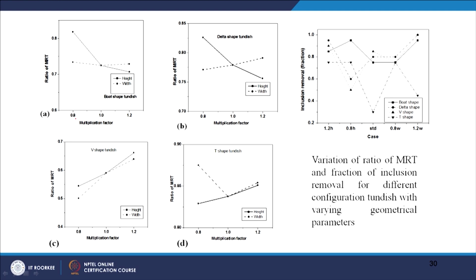With the smaller height, it has the maximum ratio of MRT because of this smaller peak. That is seen because of this peak.